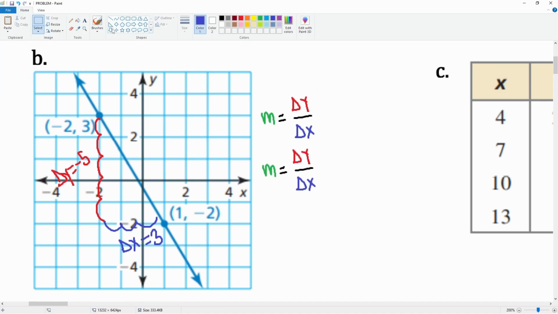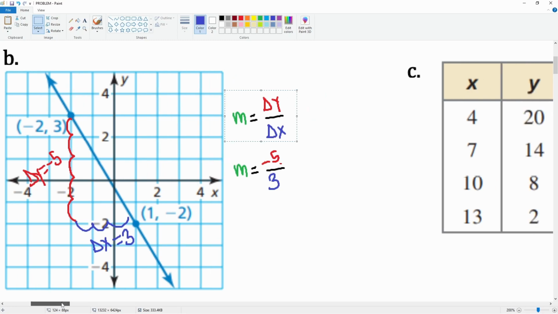The delta y that we got visually is -5, and the x value is 3. So here the slope is -5 over 3. This makes sense because it's a negative slope, because the line is going down.